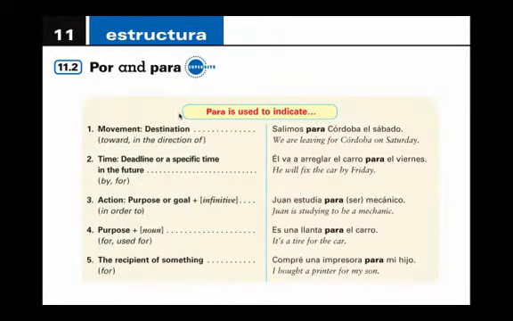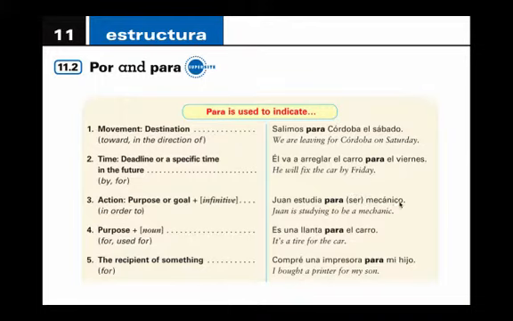Okay, so let's look at para now. Para is used to indicate the following. Number 1, movement, destination. Number 2, time, or a deadline, or a specific time in the future. Number 3, action, purpose or goal, plus infinitive. So, for example, Juan estudia para ser mecánico. Okay?